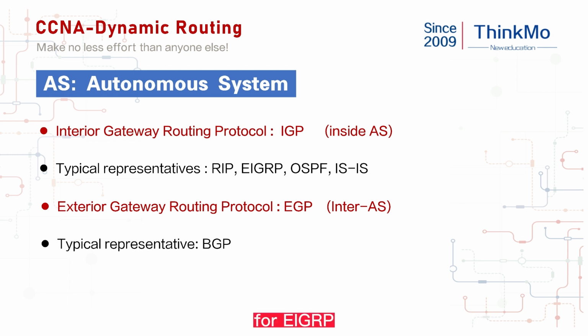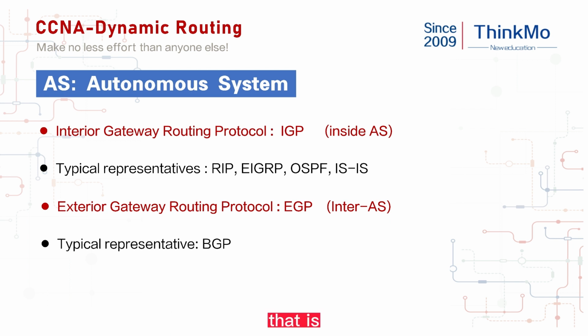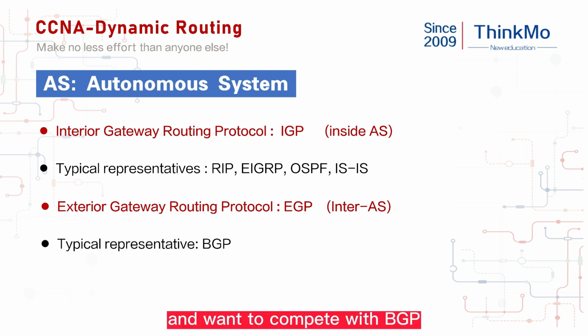For EIGRP, first, it was launched relatively late. Second, it opened relatively late. That is, it can run both in AS and between AS, and it wanted to compete with BGP.